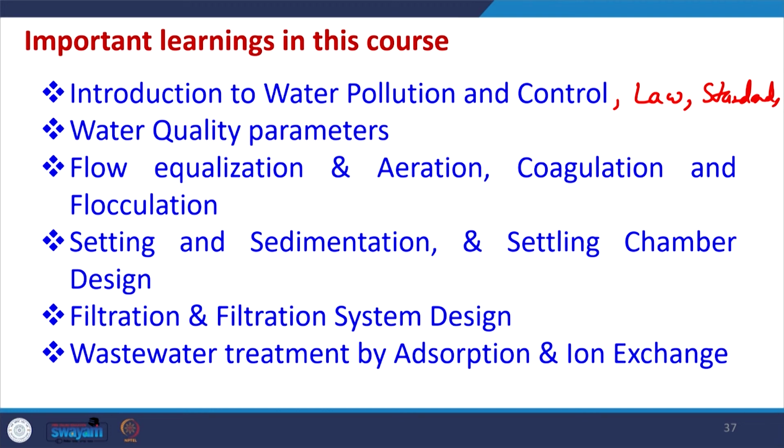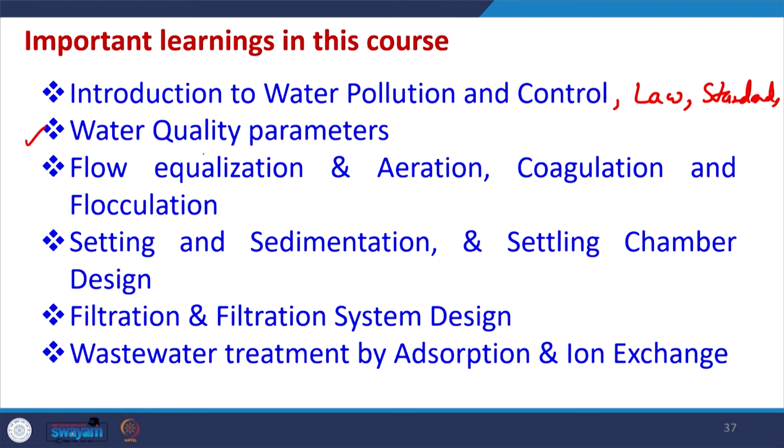Thereafter, we studied the different types of water quality parameters. This is a very important section, and it gives an idea of what type of treatment strategies have to be adopted, so this section should be well understood.